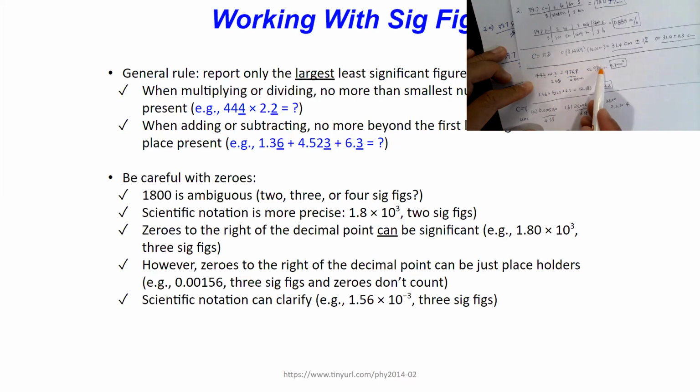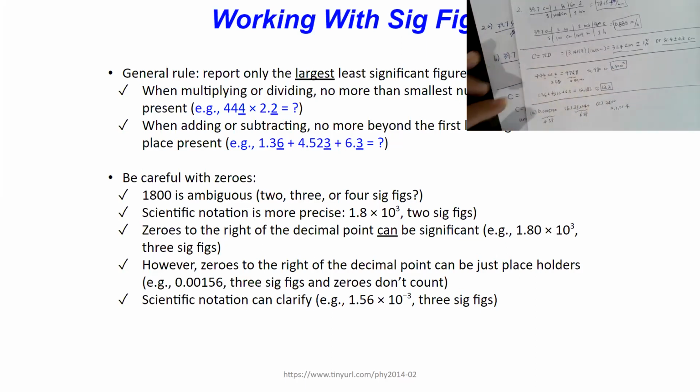The trailing zero doesn't count, we'll talk about it later, or you can keep this one, 9.8 times 10 to the 2. This is just scientific notation, and it doesn't count as significant numbers either, so 9.8 means 2 digits. On this one, 12.183, you round it up, so it's 12.2.